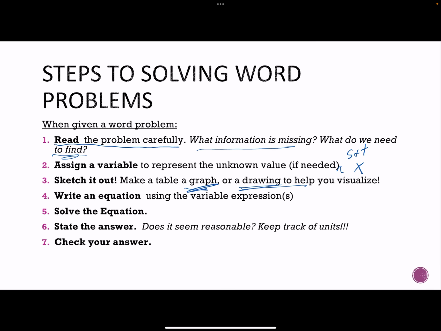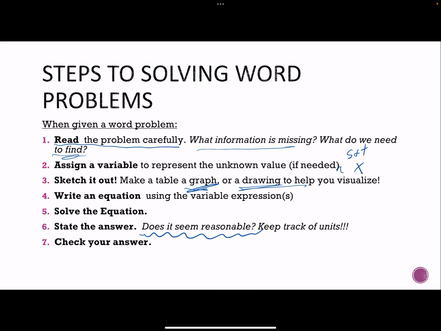When it comes to stating an answer, I want you to think about, does it seem reasonable? When math professors and others are writing these math textbooks and these math problems, we want it to seem reasonable. We want it to make sense. The cheeseburger didn't cost $55.